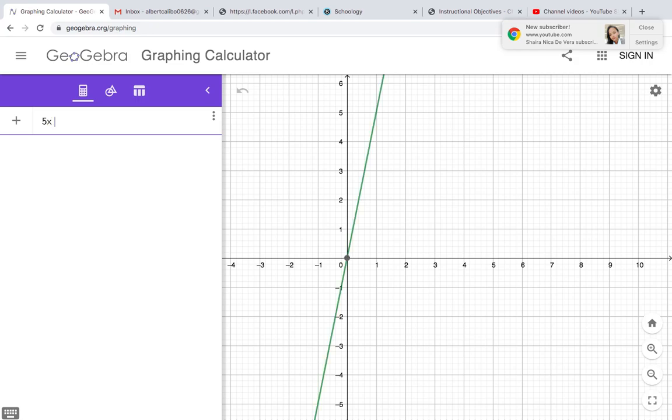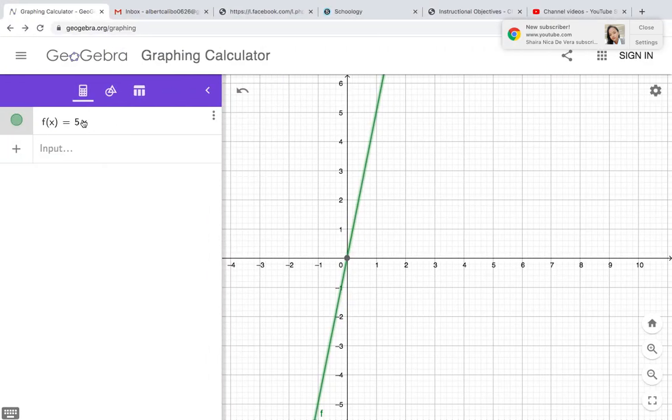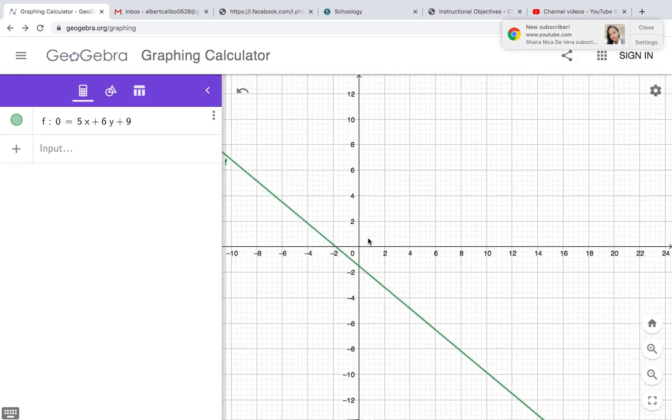We have here 5x plus 6y plus 9 is equal to 0. So we have here the equation.